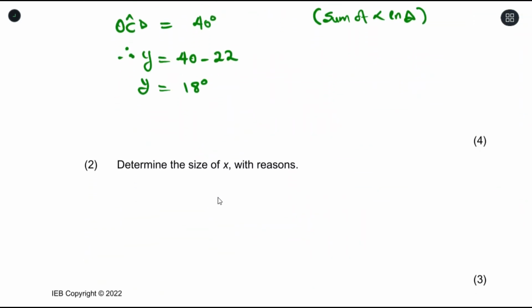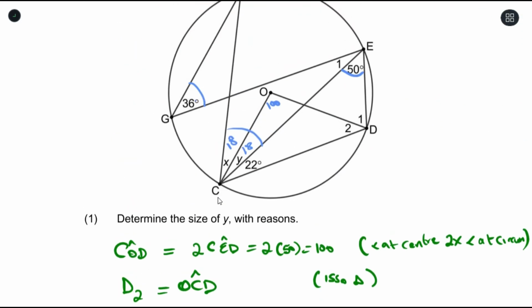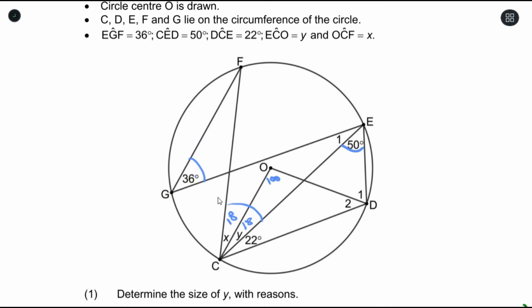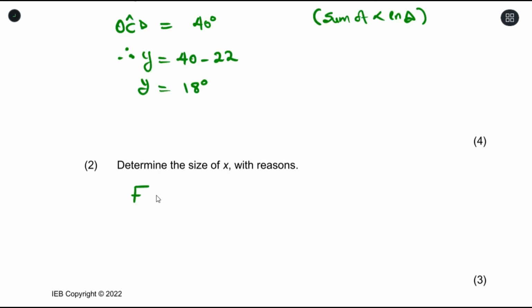So determine the size of x. So the first thing I'm just going to write down is FGE is equals to FCE, which is 36 degrees.